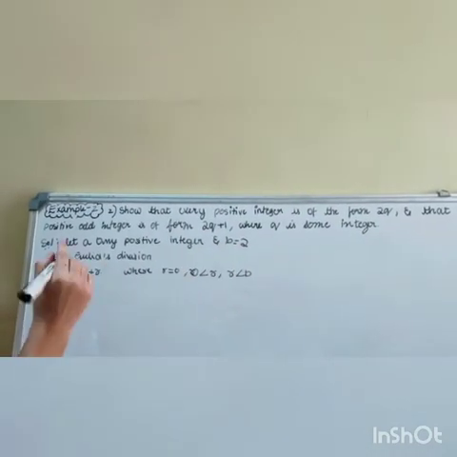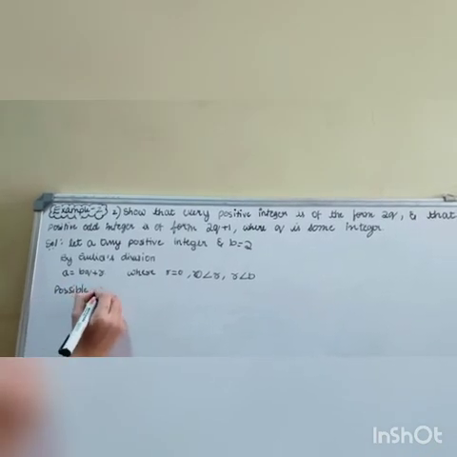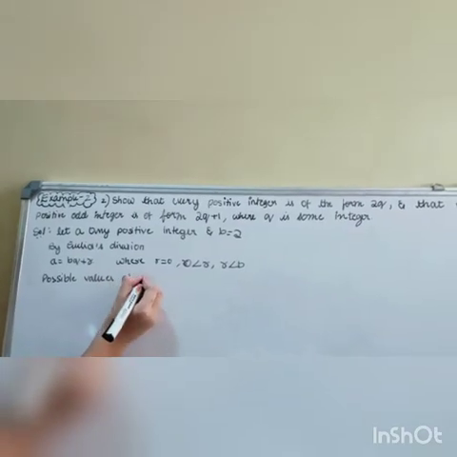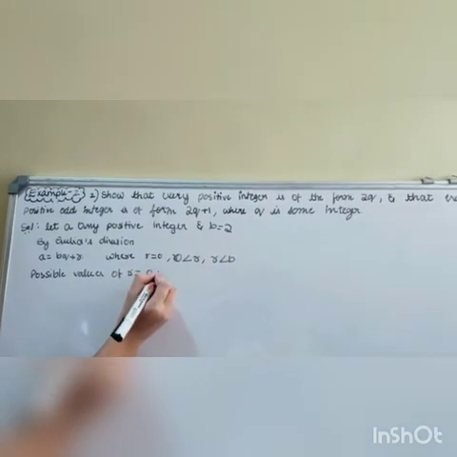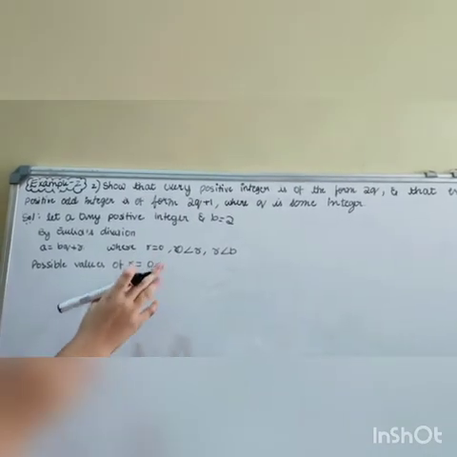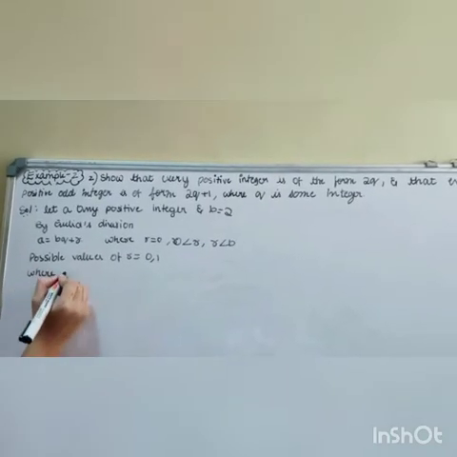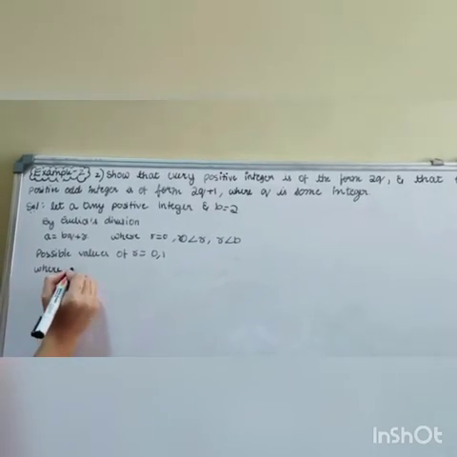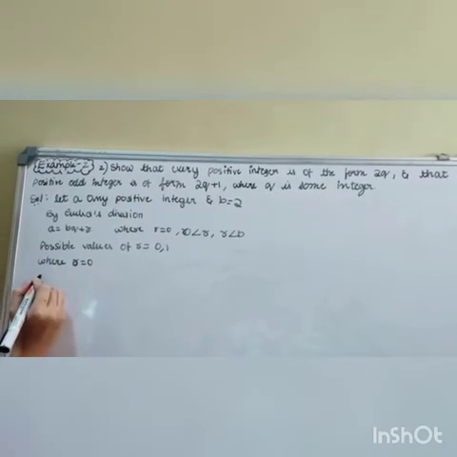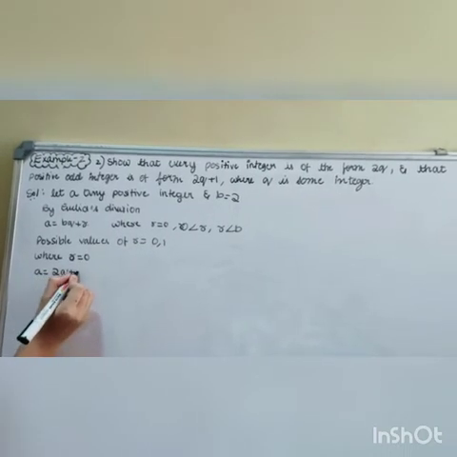So the possible values of r less than b are 0 and 1, because b is 2 and we'll get 0 and 1 less than 2. So first we'll take r is equal to 0. Now a is equal to 2q plus 0.